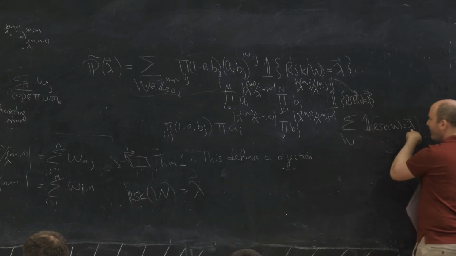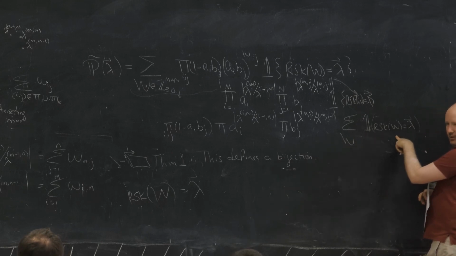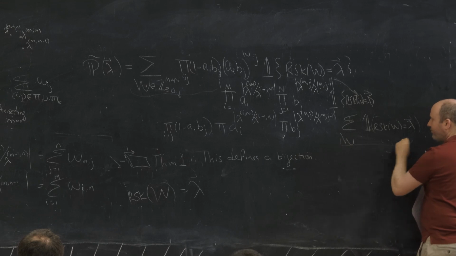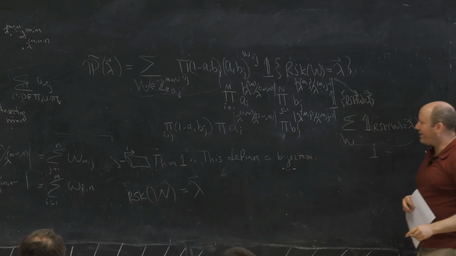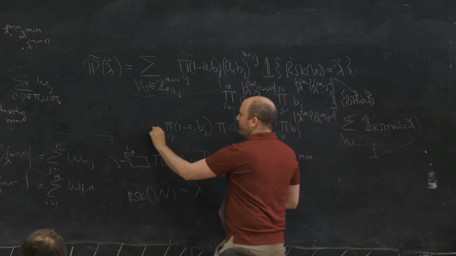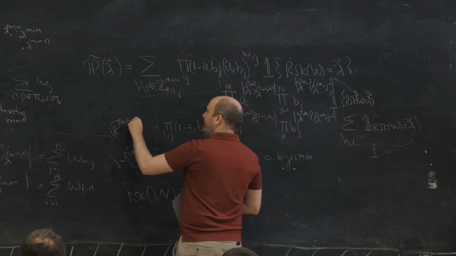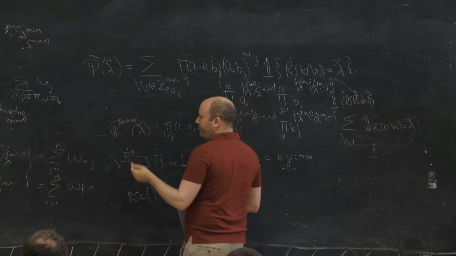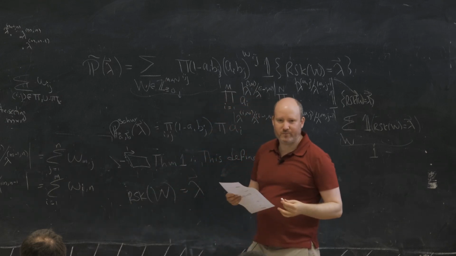For every lambda, there is one w for which this is true, and in that case I get a 1. So this is, by the bijective property, just equal to 1. And so what I'm left with is the Schur process measure with the a's and the b's. So that proves it.